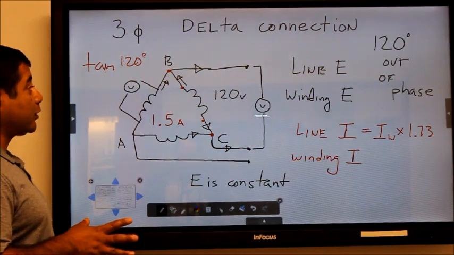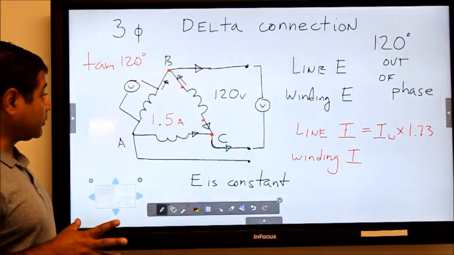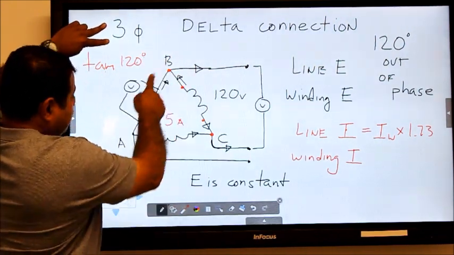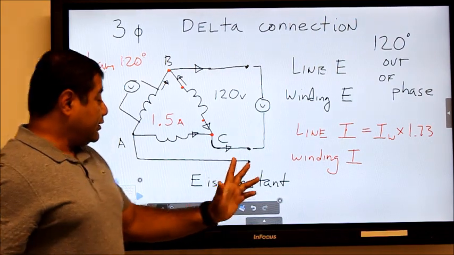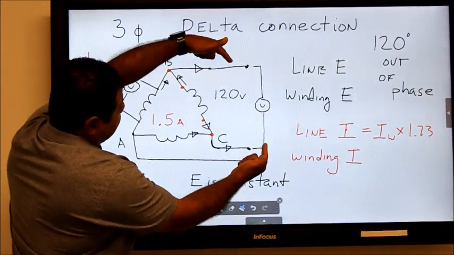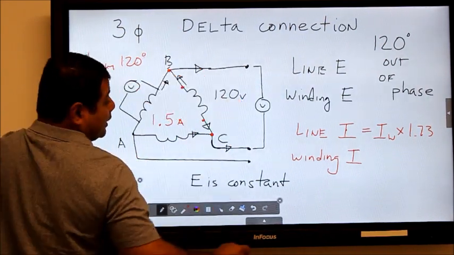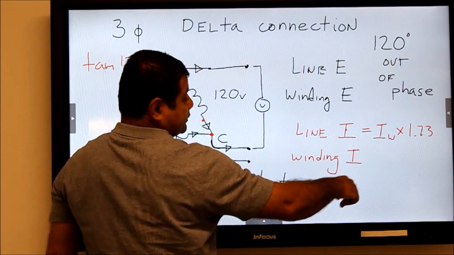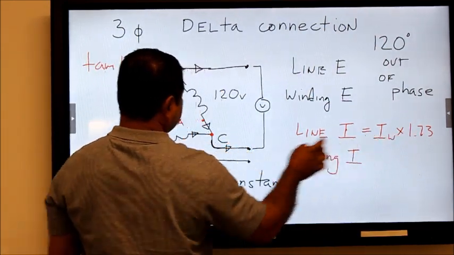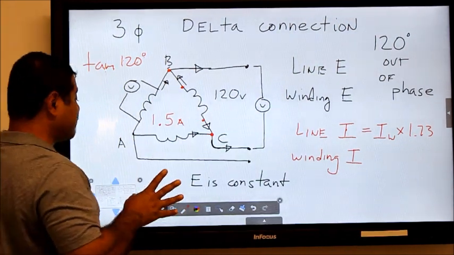To review, remember, in a delta connected three-phase transformer, A, B, and C phase, the voltage stays constant because the voltage across the line is the same as the voltage of the winding. However, the current changes. The current of the line is 1.73 times bigger than the current in each one of the windings. It's very important for you to keep track of that.